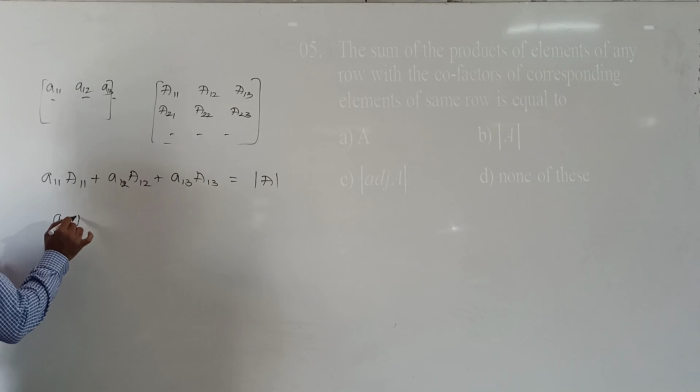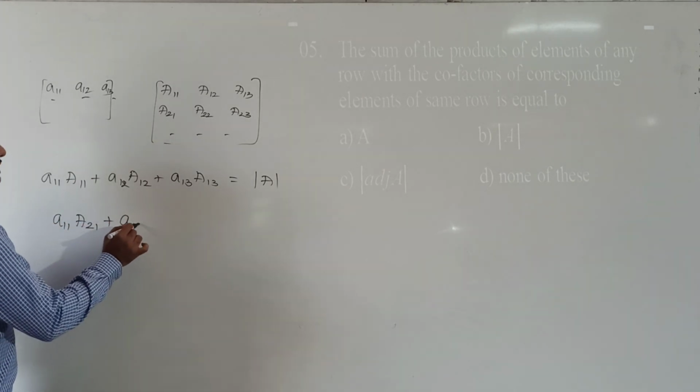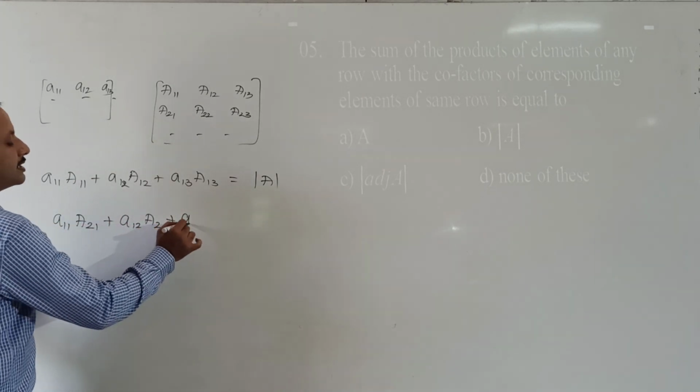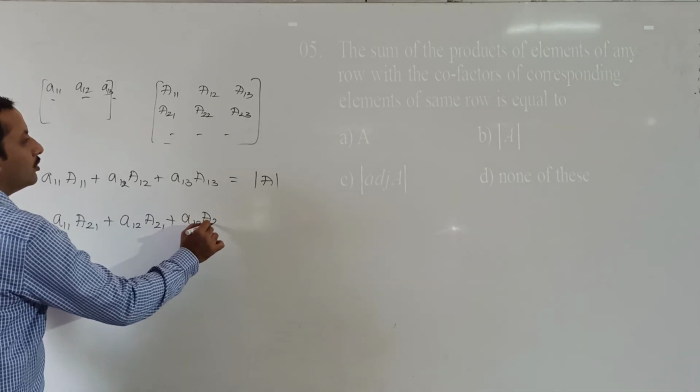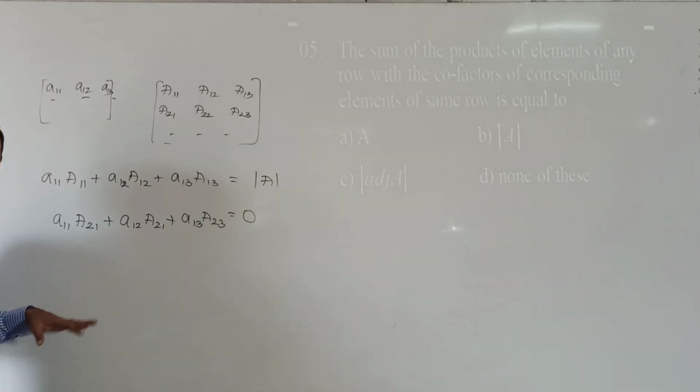Which means a11 into A21 plus a12 into A22 plus a13 into A23, this sum is equal to 0.